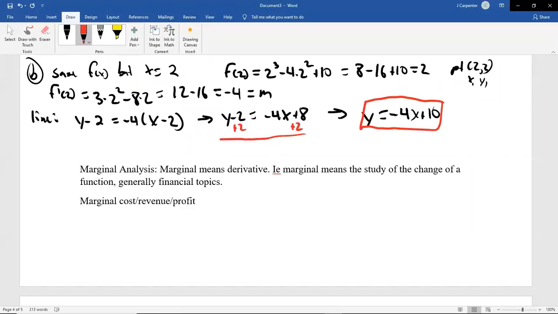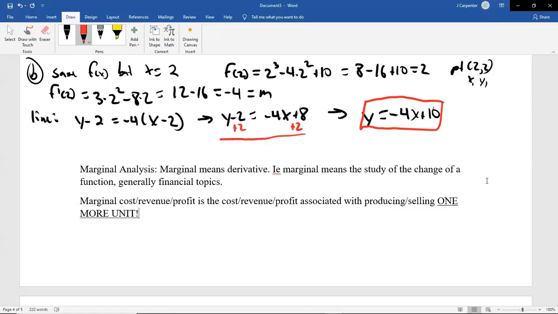So marginal cost or marginal revenue or marginal profit, there's three main ones that we talk about, is the cost, revenue, profit associated with producing or selling one more unit. In fact, I want to have "one more unit" in all caps, underlined, and exclamation marked.